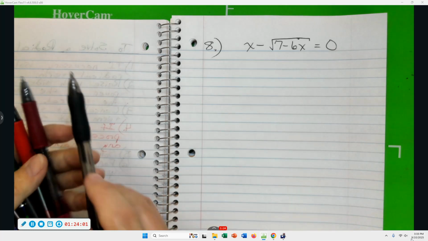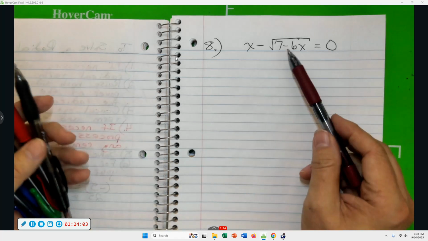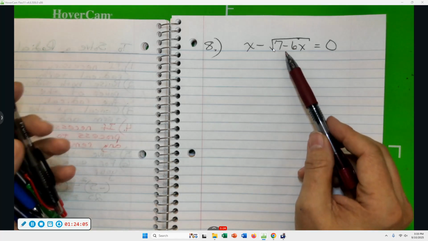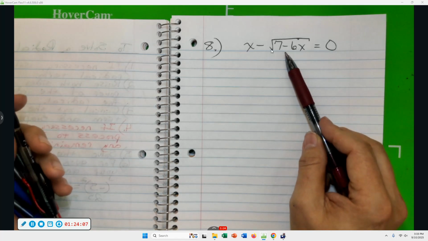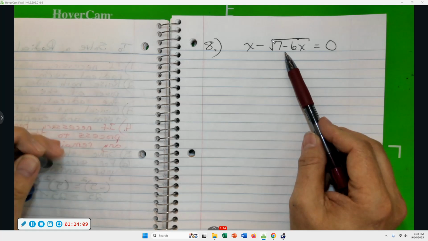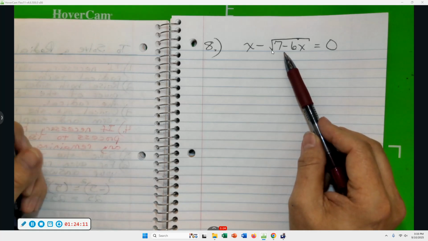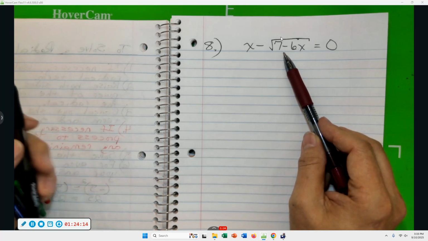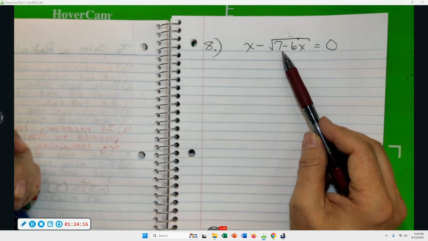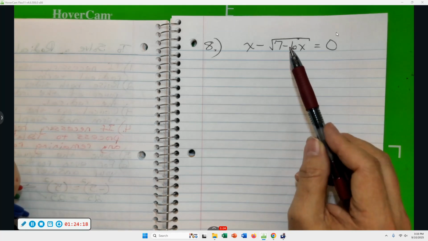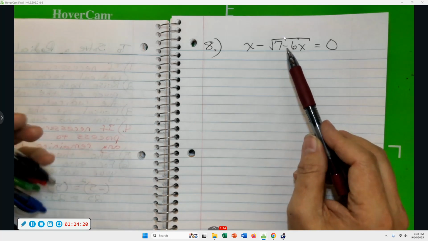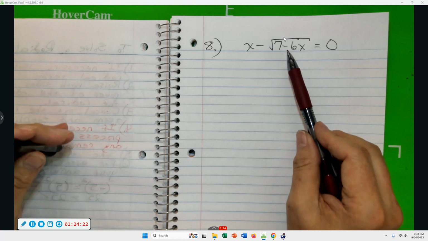So let's get going. The radical term needs to be isolated. Is it isolated? Is it by itself on one side of the equation? No. I can think of one way to easily isolate that radical term. What could I do?